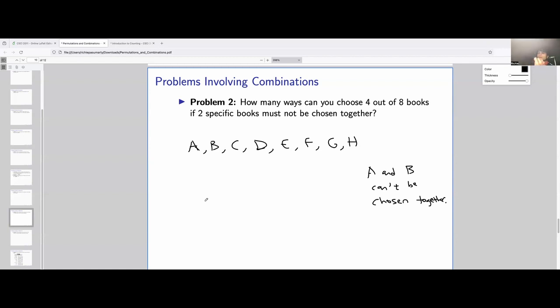The idea is that instead of finding the number of ways to choose these books so that you ensure they're not chosen together, our answer is just the following: the number of ways with no restrictions, and then I subtract off the number of ways where those two books are actually chosen together.